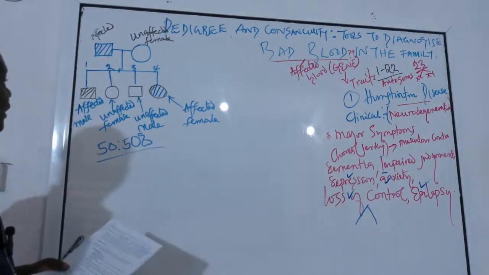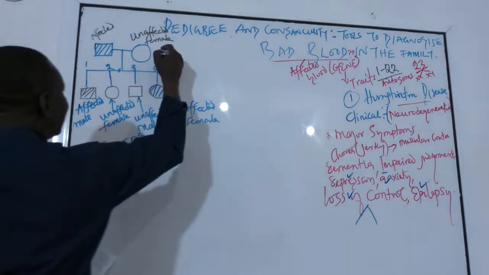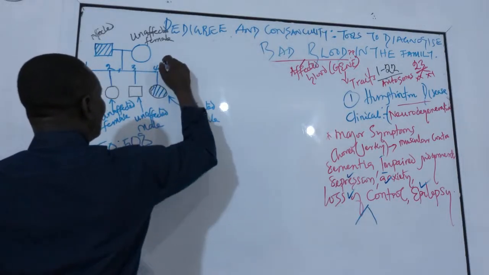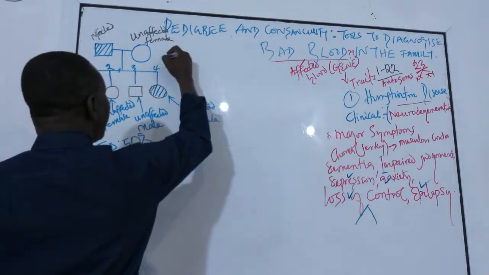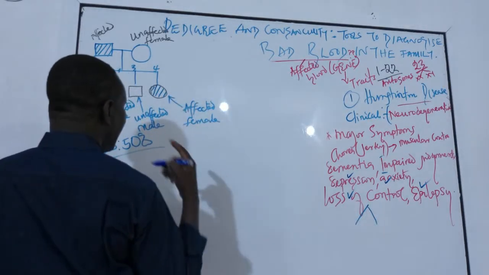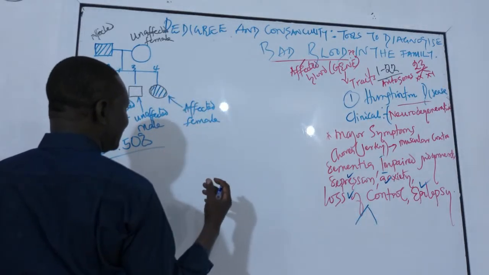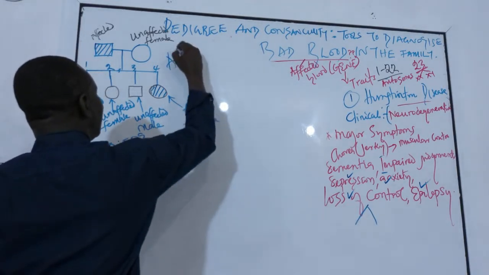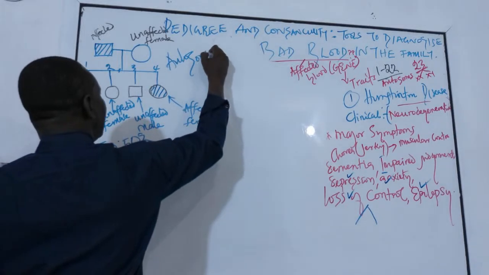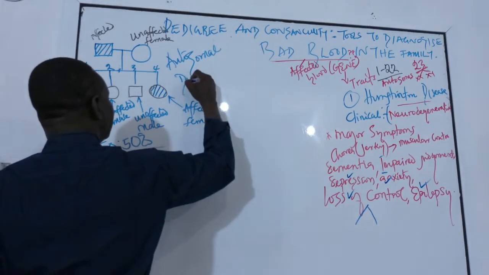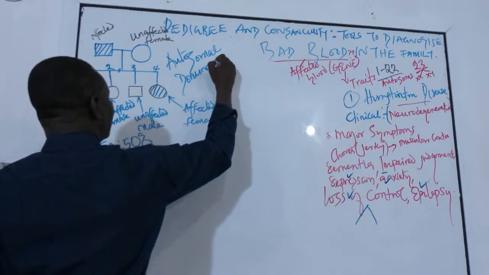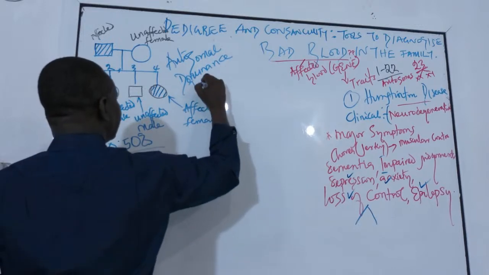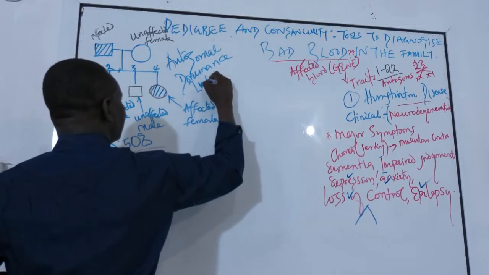So this is a pattern, not only for Huntington disease, but for any trait or any inheritance pattern that is autosomal dominant inheritance.